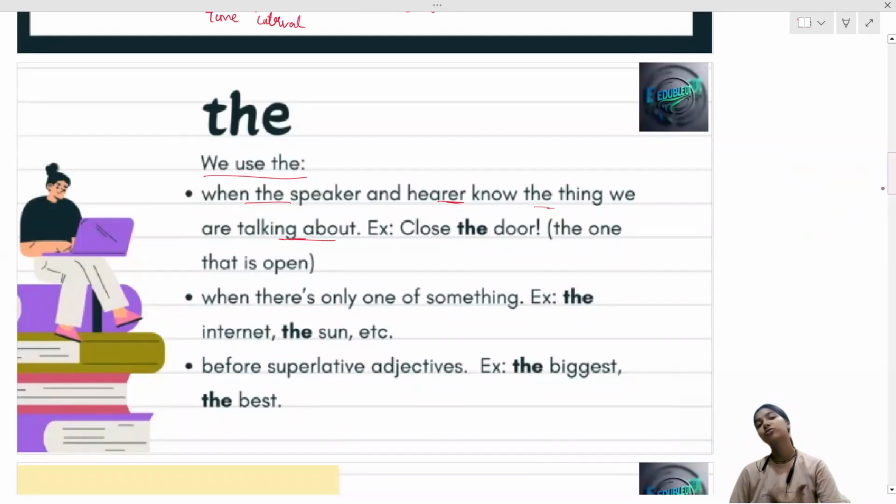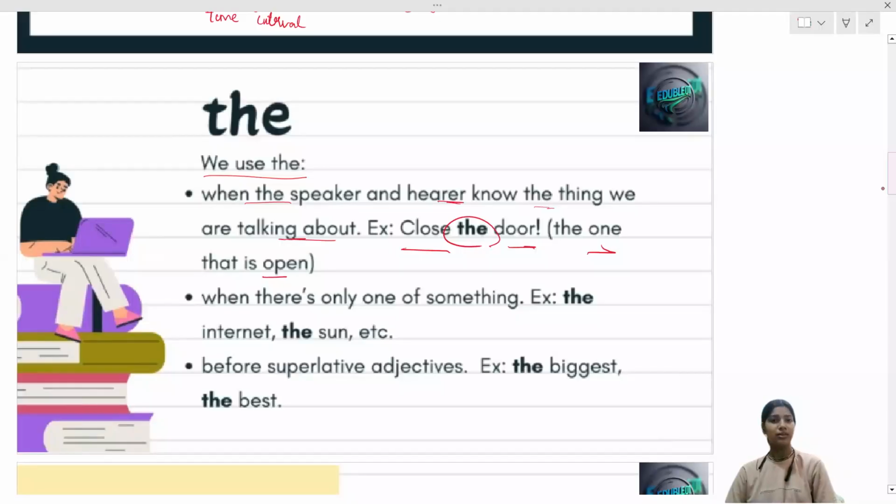Neither of us is unaware of what we are talking about. Close the door, the one that is open. When we say close the door, we know that we are talking about the door which is open. We have to close that door which is open.